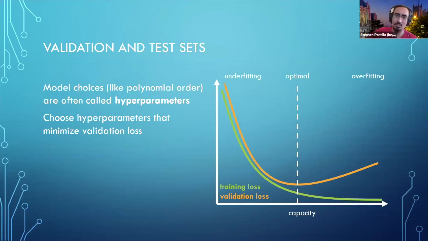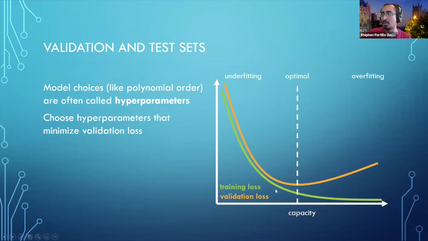What this graph on the right represents is, in green, the loss function on the training data as a function of capacity. You can think of our straight line as on the left-hand side and our big polynomials on the right-hand side.